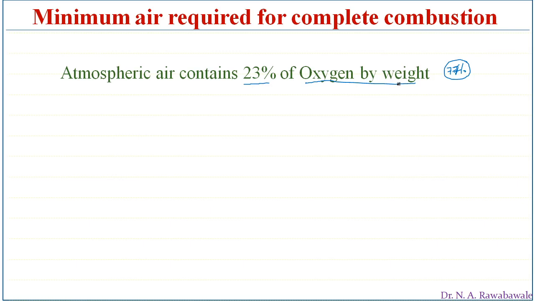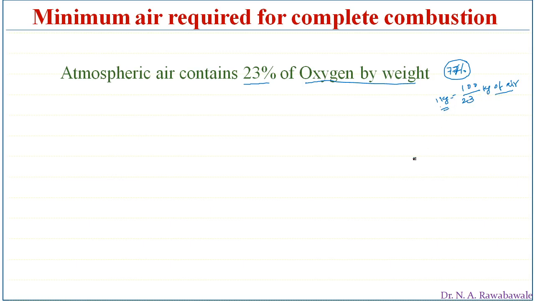How to find that amount of air? 100 divided by 23 kg of air is required to have 1 kg of oxygen.